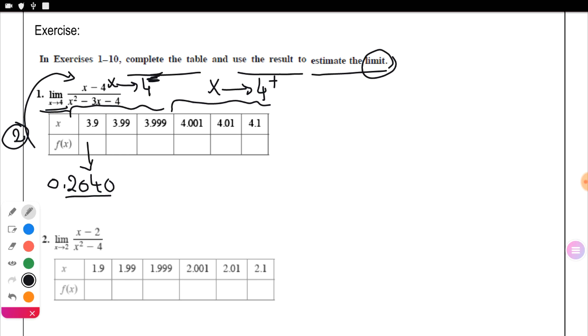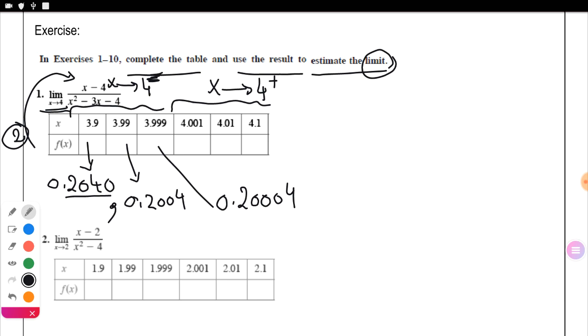Only 4 decimals, it's enough. Here in this case, 0.2004. The other is 1 using the calculator. That is the first value, second value, third value, 0.20004.